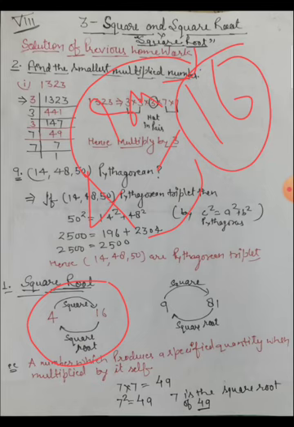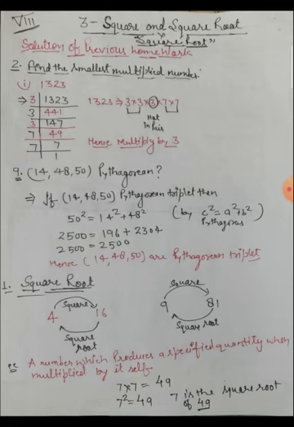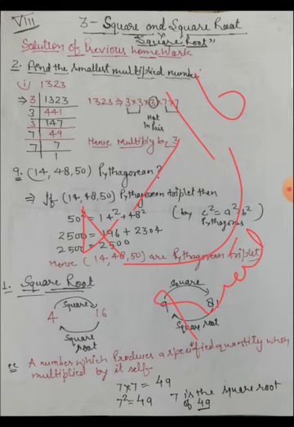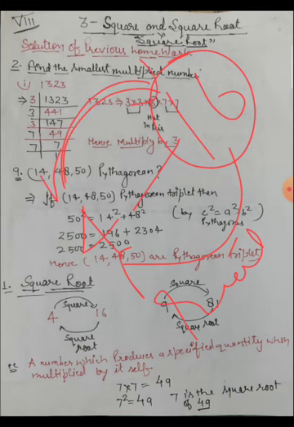And 4 is the square root of 16. 16 is a square number of 4, and the square root of 16 is 4, or you can say 4 is the square root of 16.